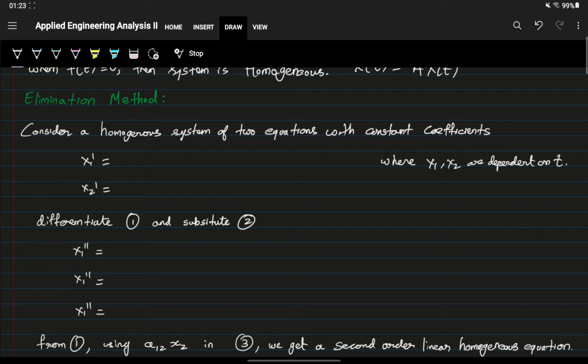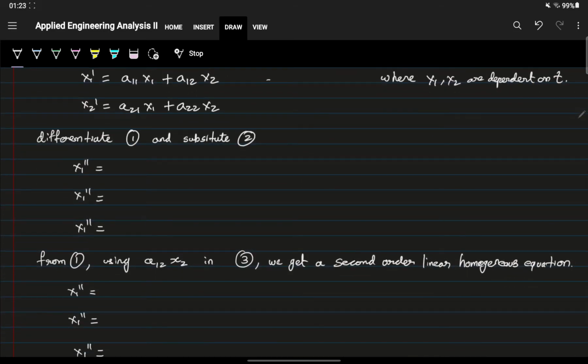So let us consider a homogeneous system of equations with constant coefficients: x1 prime equals a11 x1 plus a12 x2, and x2 prime would be a21 x1 plus a22 x2, and let this be 1 and this be 2.